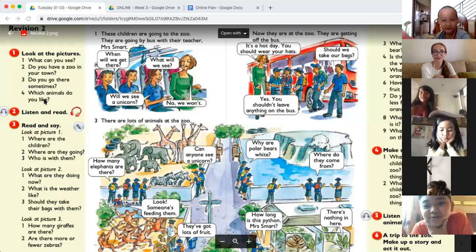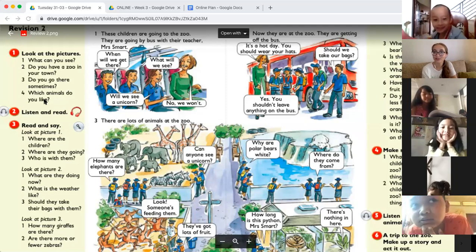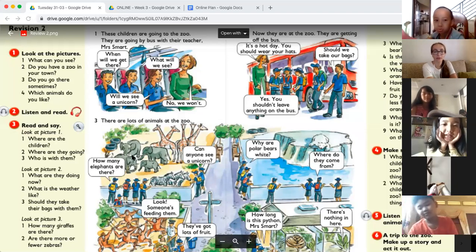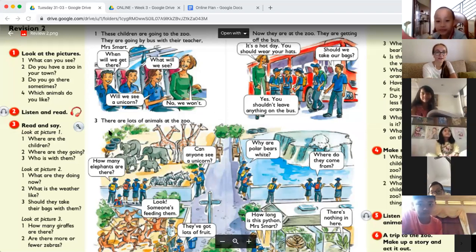You like monkeys, of course. Cockatoo. Cockatoo, you like the birds? What about the animals in the picture? Elephant, giraffe, zebra, python? Polar bear, you like polar bears? Polar bear. Okay. Bear.